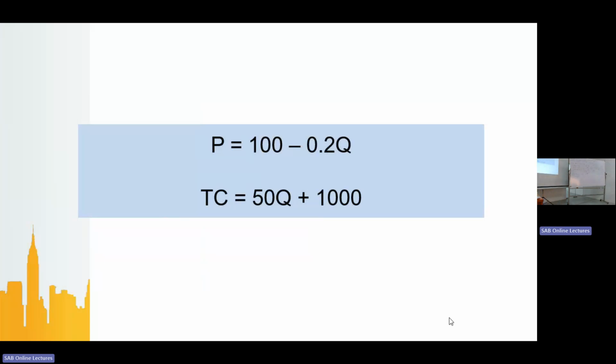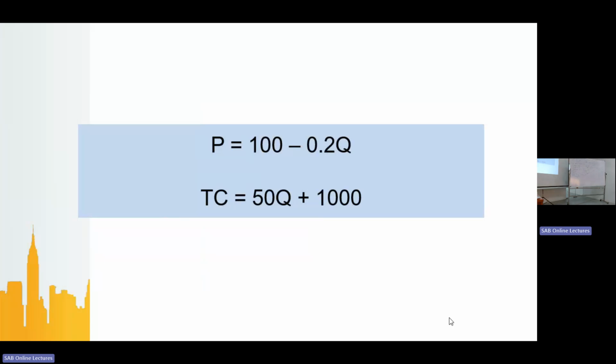First step is to find the total revenue function based on the inverse demand curve. The second step is to find marginal revenue based on the total revenue function. You have to differentiate total revenue with respect to Q. And the third step is to find marginal cost.